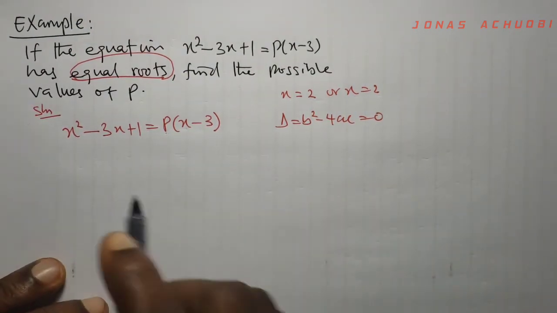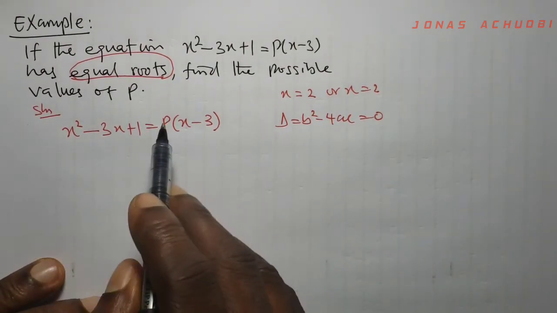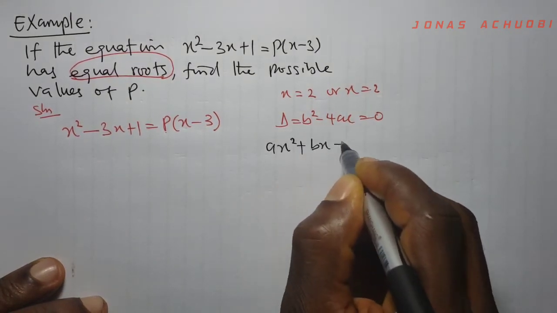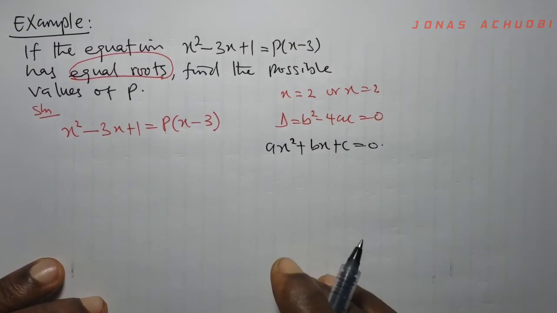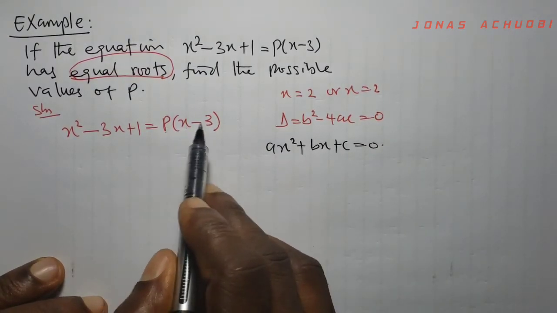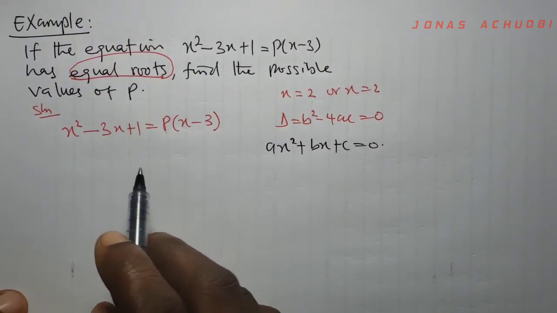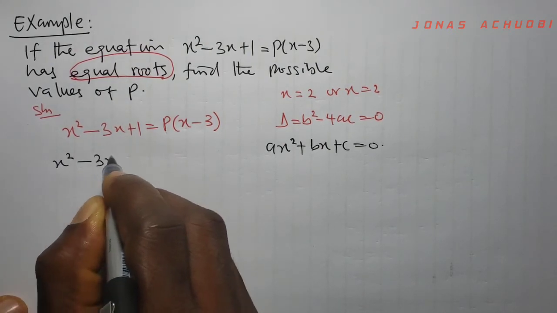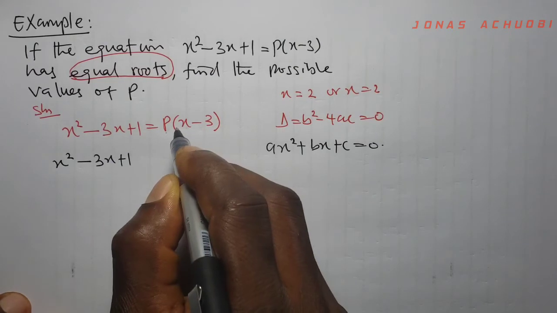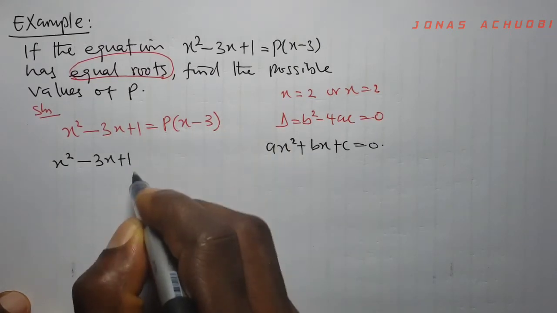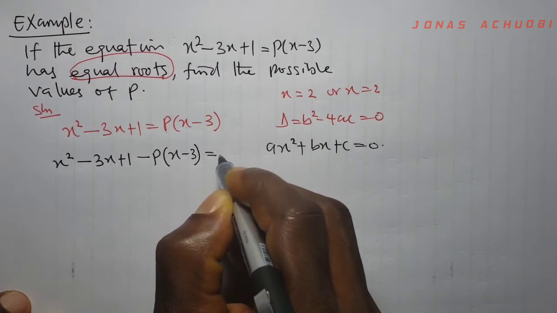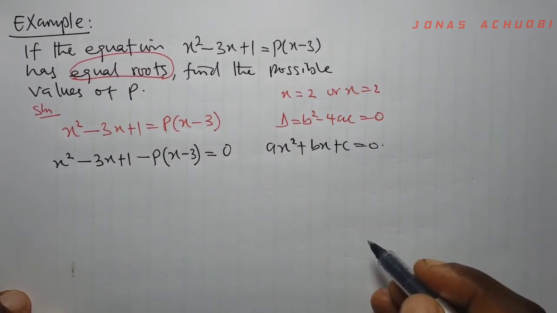But before then, we like to rewrite the given equation in standard form, which is ax squared plus bx plus c equal to 0. So to do that, we must take this term on the right hand side to the left. So this becomes x squared minus 3x plus 1. This is p into x minus 3 to the left becomes minus p into x minus 3, equal to the right hand side becomes 0.